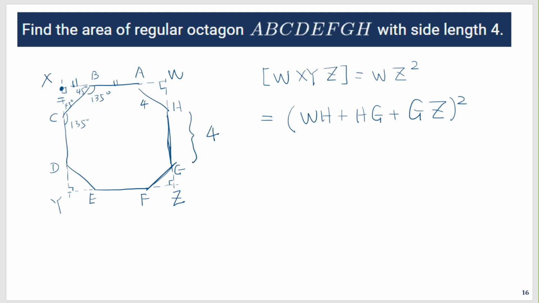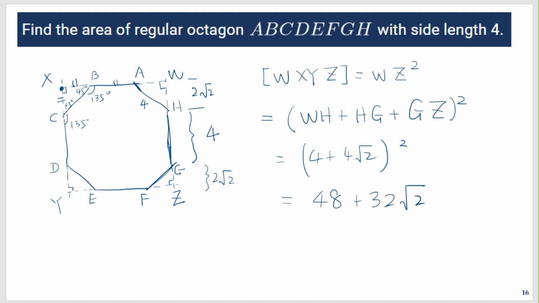Then this side is also 4. Then we know that WH is actually 2 square root 2, right? So GZ is also 2 square root 2. So that equals 4 plus 4 square root 2, squared. And that gives us 48 plus 32 square root 2.